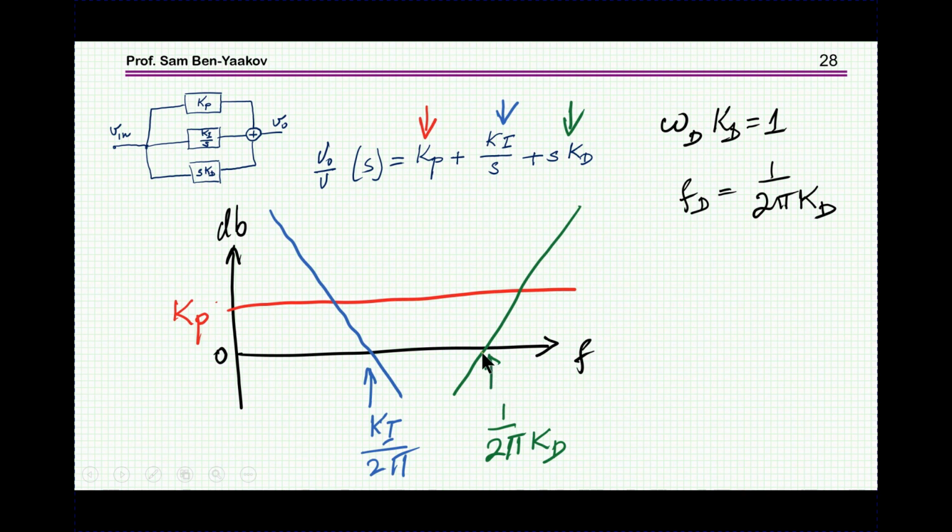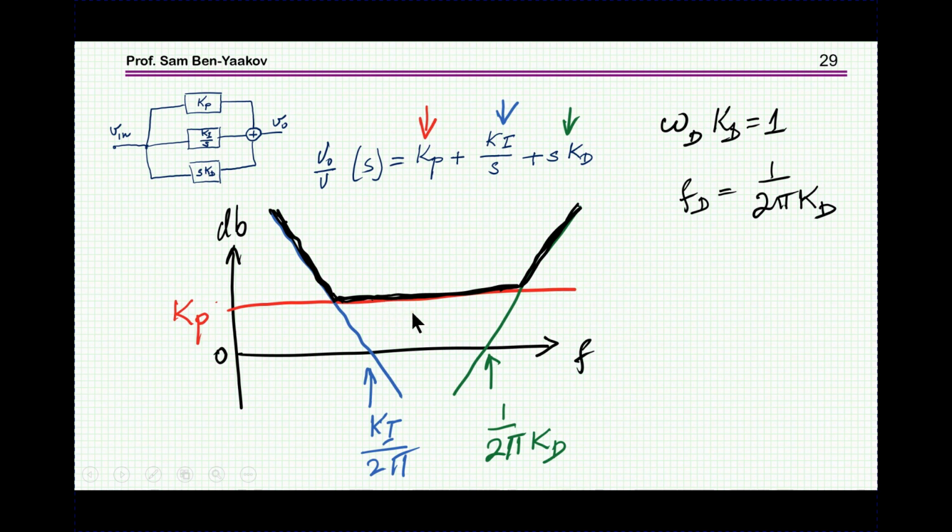Okay, so I have a summation of 3 curves, 1, 2, and 3. In this region here, this one is much larger than this, so it's approximately this thing here. In this region, this line is much larger than this and this, so therefore I'm getting this straight line. And here, of course, this part is larger than this, and naturally larger than this, and I get this black thing.